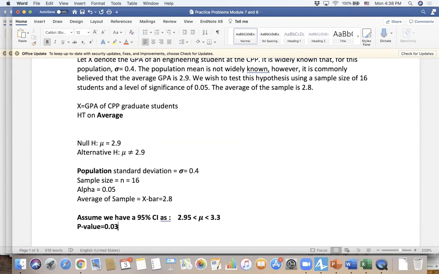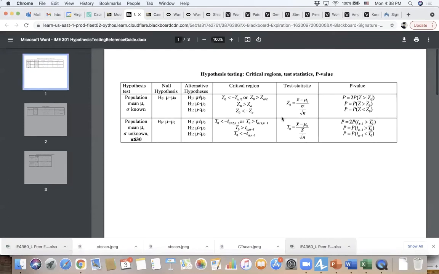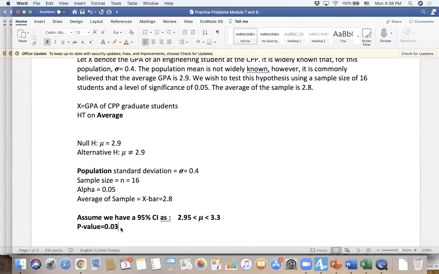How would you conclude if the only thing that you had was the p-value? Everything that you have here has helped you to calculate the p-value. You have put together the test statistic, and then the p-value. At the end of the day, this is the p-value that you have calculated, 0.03. How would you conclude about the test if that's all you had?